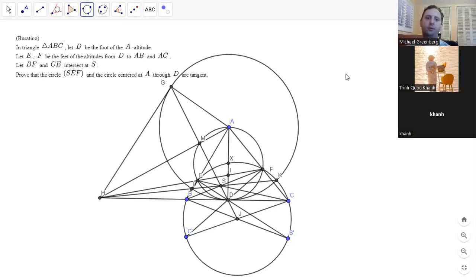Yeah, that's true, because we can use power of a point. HD squared is HE times HF is HB times HC. So power of a point would prove that it's cyclic. I don't even know if we need that circle though. That might have just been something extra.